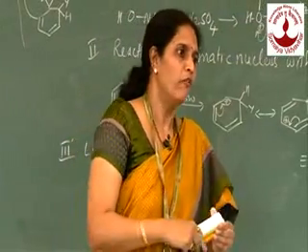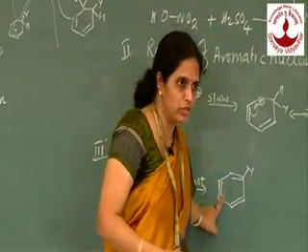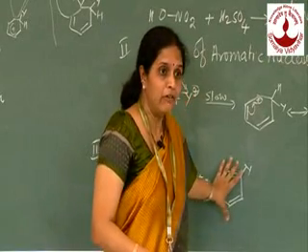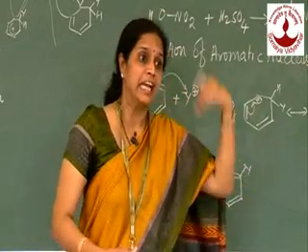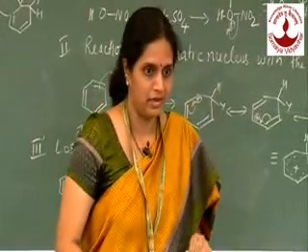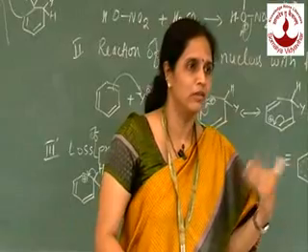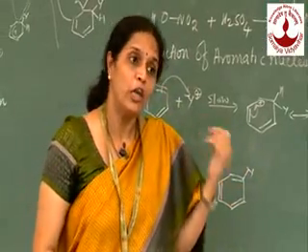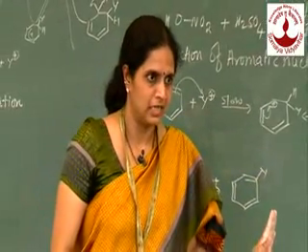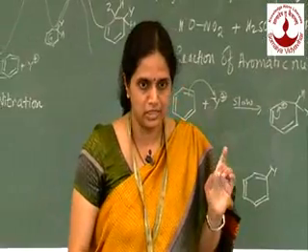Once the nitro group is introduced onto a benzene ring, it will not react with a second nitronium ion. There is no limitation attached to this reaction, that is, polynitration does not take place as in the case of other reactions.